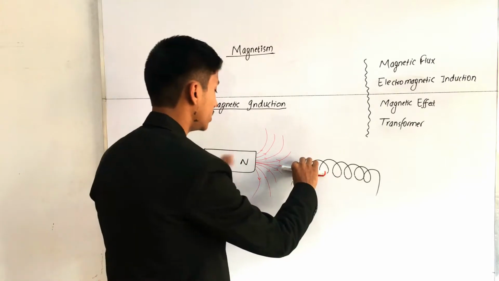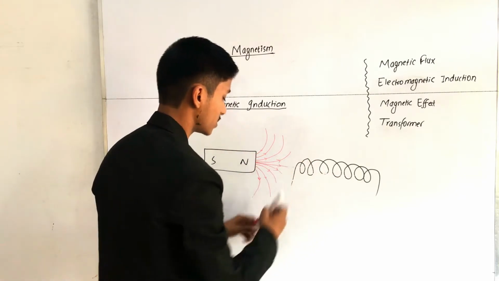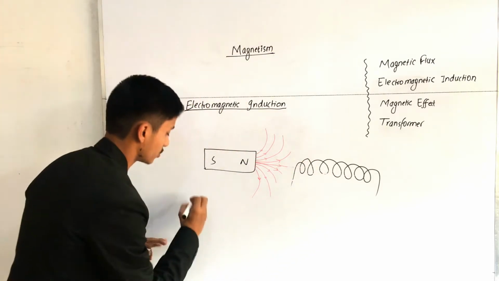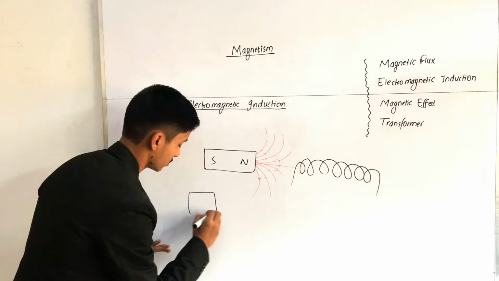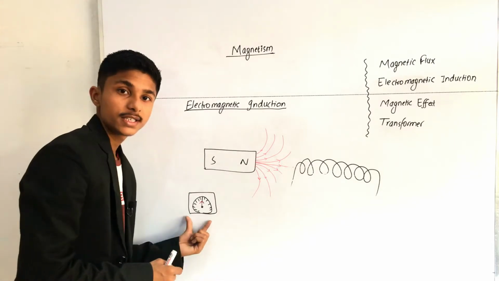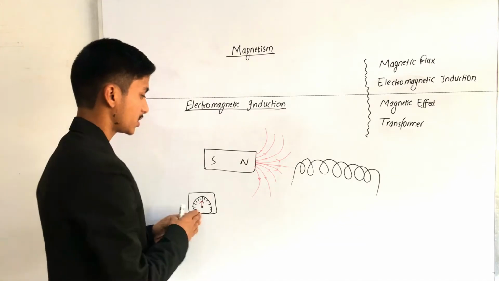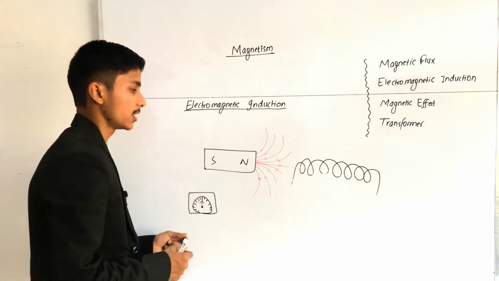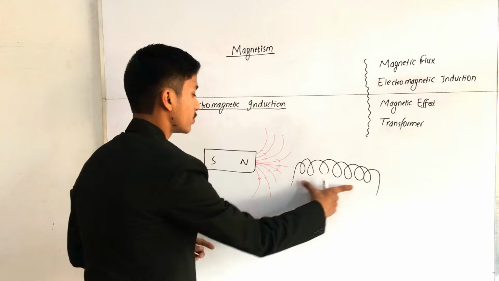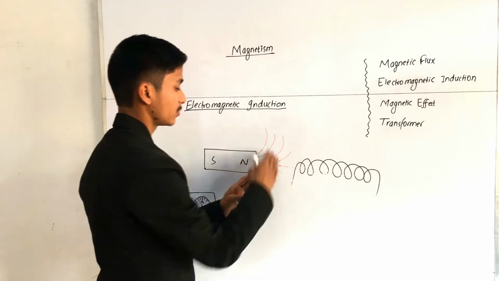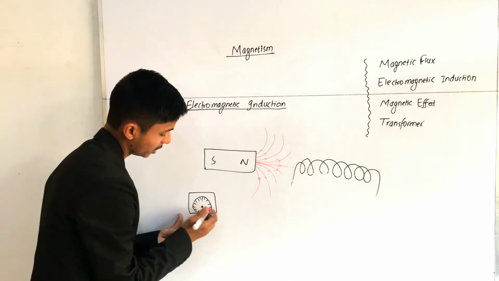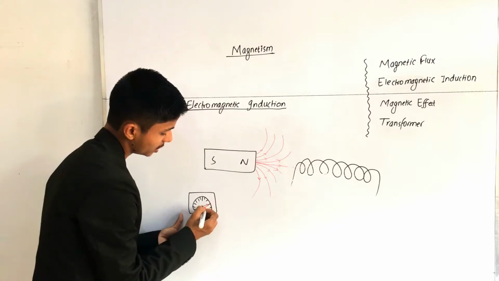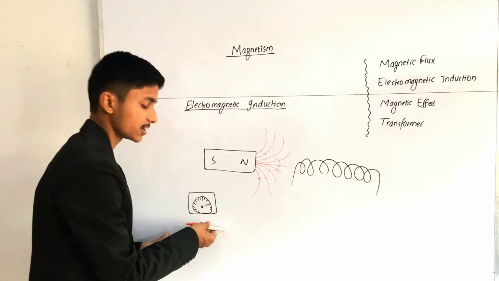And at this time, what happens? There is one galvanometer. Here this is a galvanometer. It measures the direction of current. What happens when this coil is brought near the north pole of the magnet? Then the galvanometer goes to the right side. It increases.